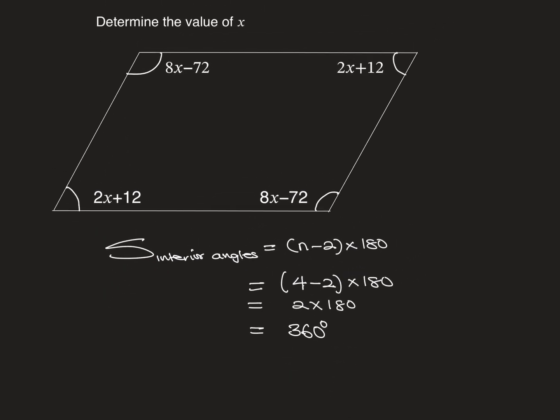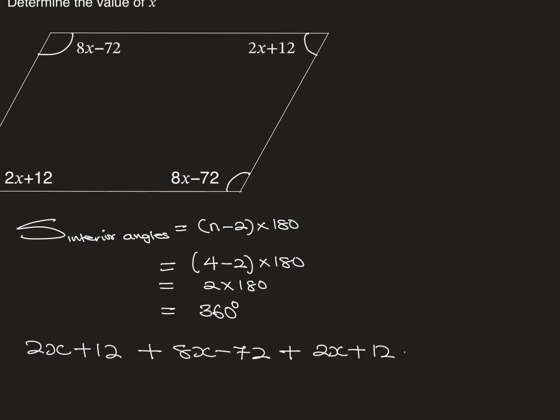So that is to say 2x plus 12 plus 8x minus 72 plus 2x plus 12 plus 8x minus 72 is equal to 360 degrees.